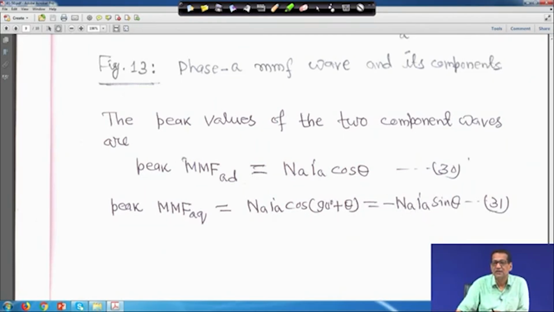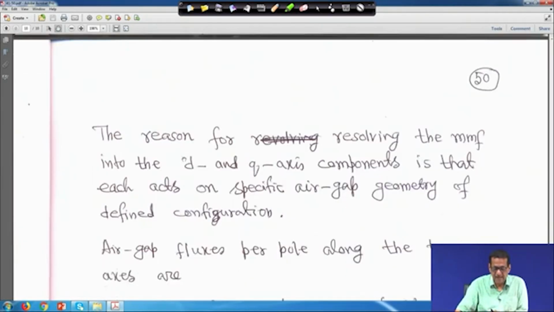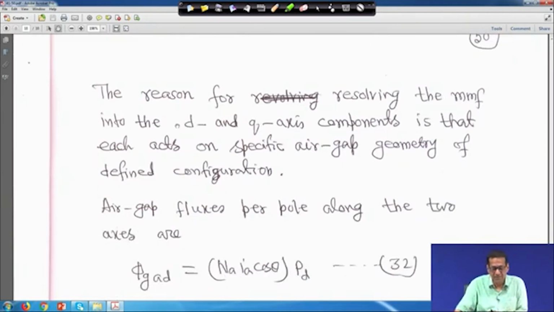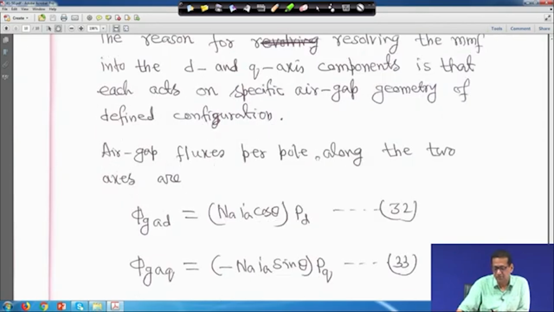This is equation 31. The reason for resolving the MMF into D axis and Q axis components is that each acts on a specific air gap geometry of defined configuration. So the air gap fluxes per pole along the two axes are as follows.